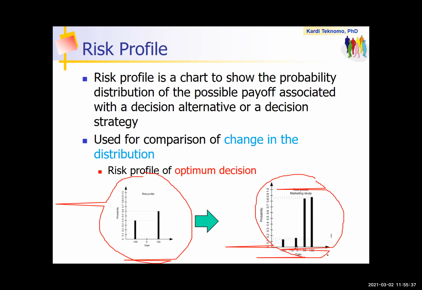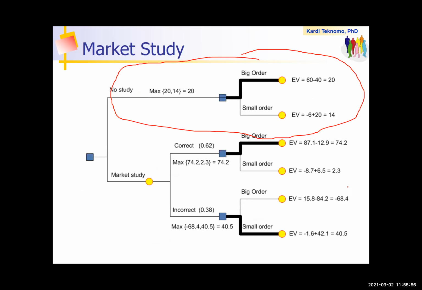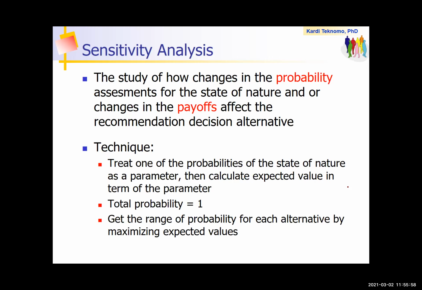What is the meaning? Meaning that now you are distributed. The market study actually improves your decision because now your probability distribution is distributed. Can you get it or not?